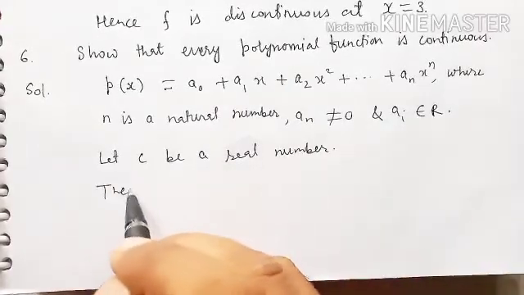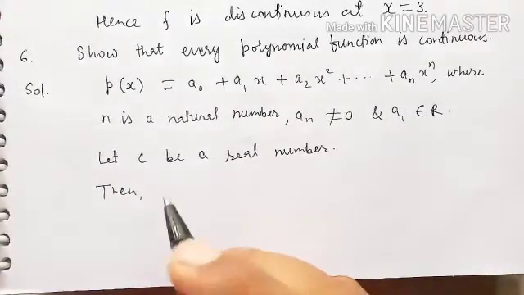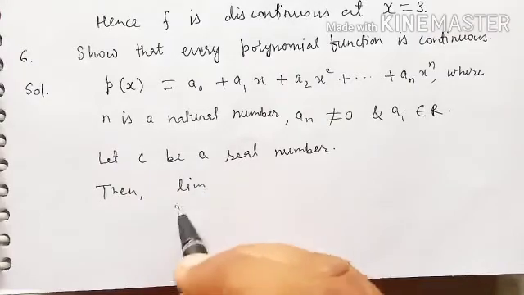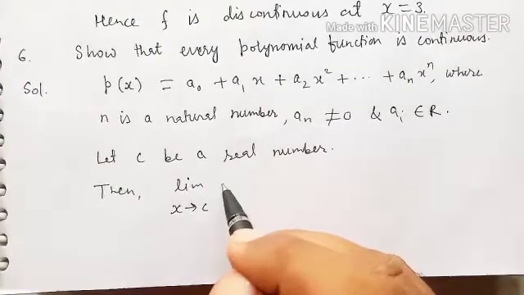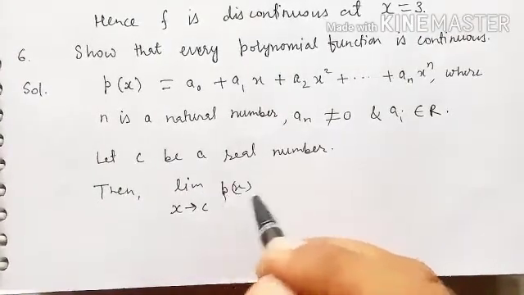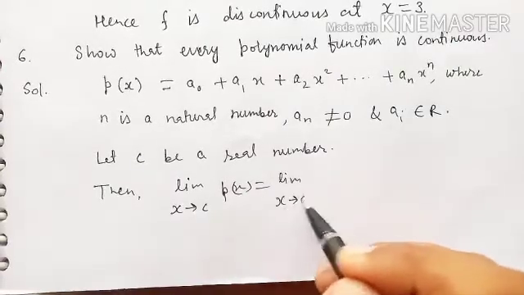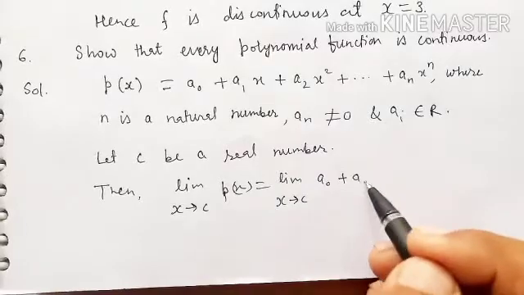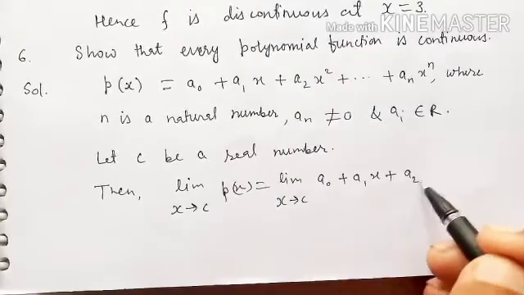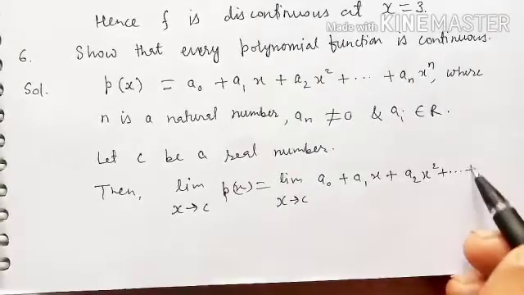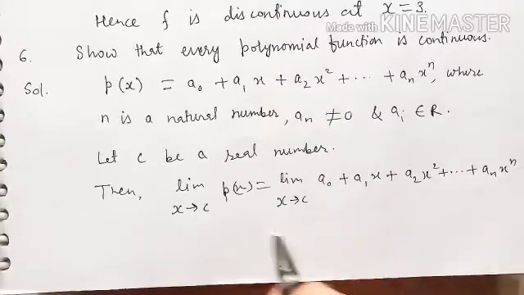Then we take the limiting value as x tends to c of p(x). So limit x tends to c of a0 plus a1x plus a2x square plus dot dot dot an x to the power n.